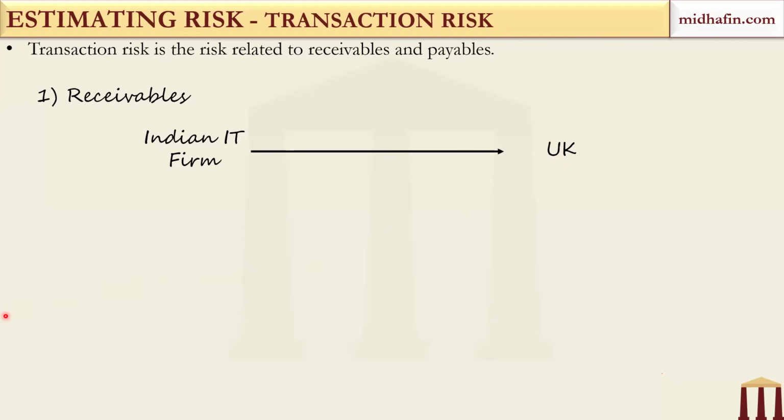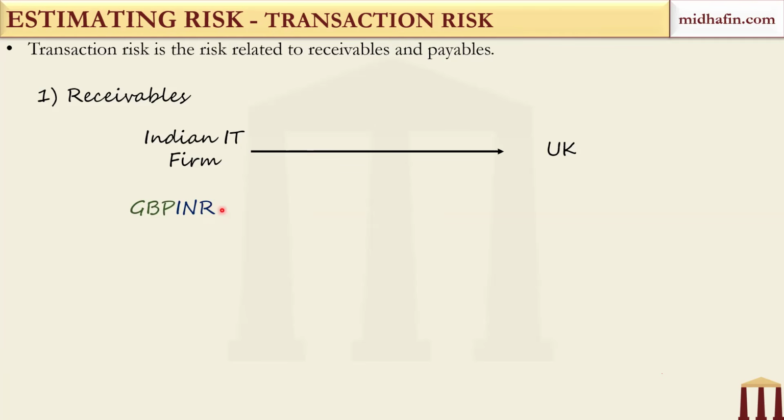So in this arrangement, Infotech Solutions is exposed to some transaction risk because there will be fluctuations in this currency exchange rate, GBP INR. Because there might be some time difference between when the transaction is initiated and when it is settled. So this cash flow from receivables, which will be the payments from the UK-based company, will vary due to changes in exchange rate.